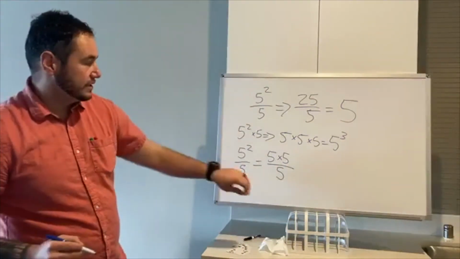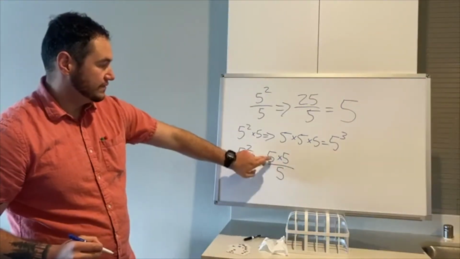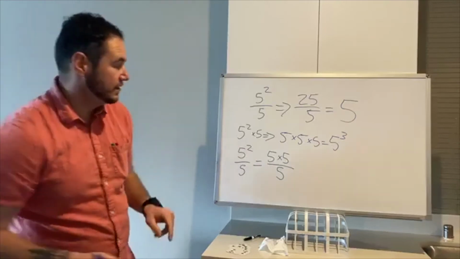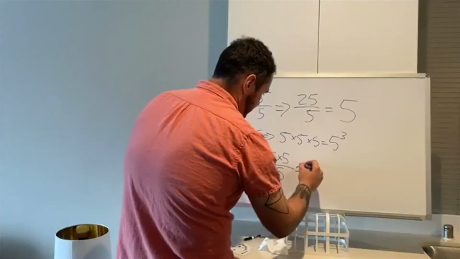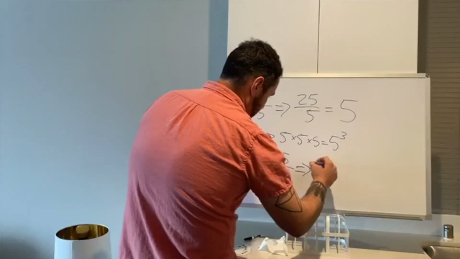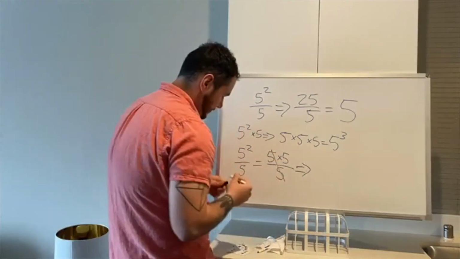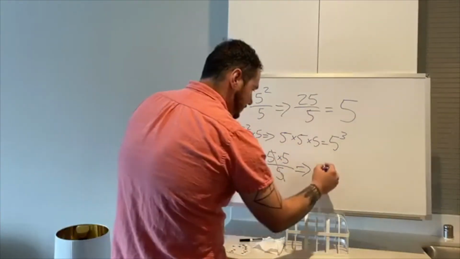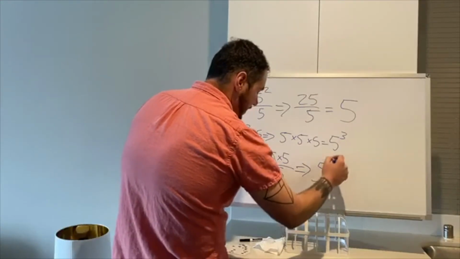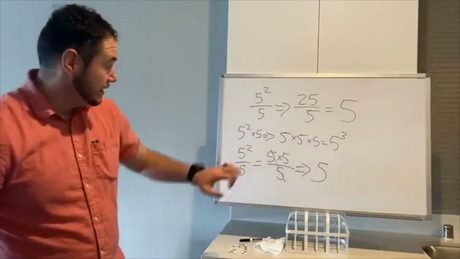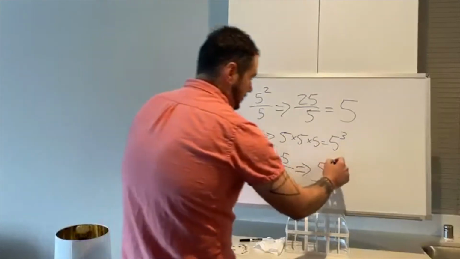Now the trick here is that we know 5 divided by 5 is just 1. So these cancel out, and we get just a 5 left over. And what the math teacher will tell you is that this is the same as 5 to the first.